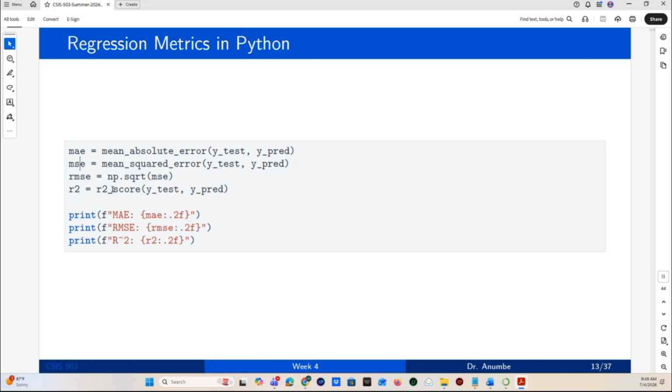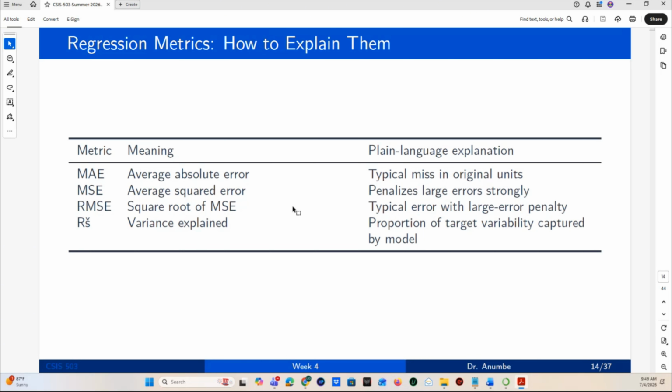And then your R2 score, you give it the Y test data and Y predicted data, and then it will do its thing. And then this is essentially supposed to help you print out the results, and some of these tell you in what format you want to print it out. That's essentially what's going on here.